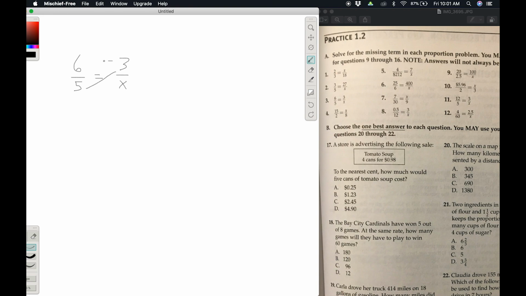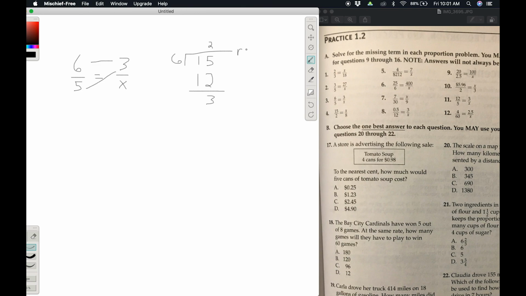Then divide this way, which is 6 goes into 15. 6 goes into 15 2 times. 2 times 6 is 12. And we have 15 minus 12 is 3. Okay? So we have a remainder.